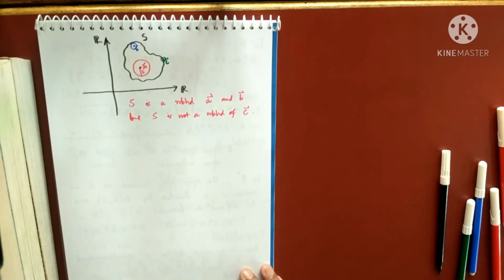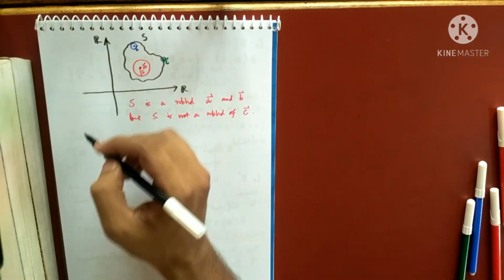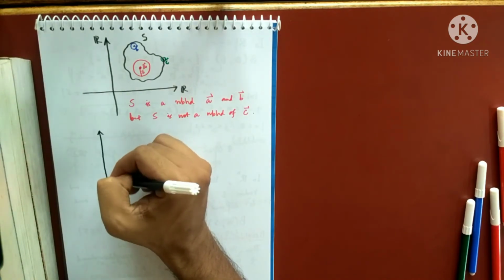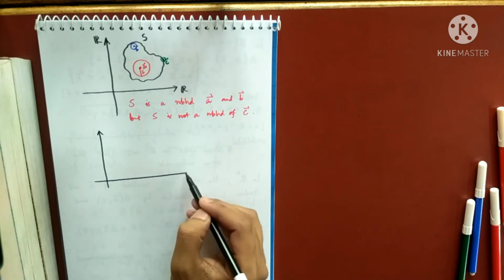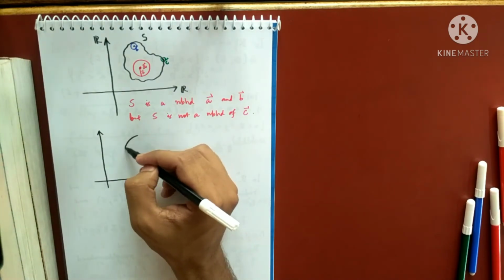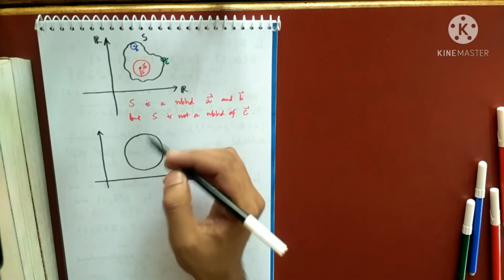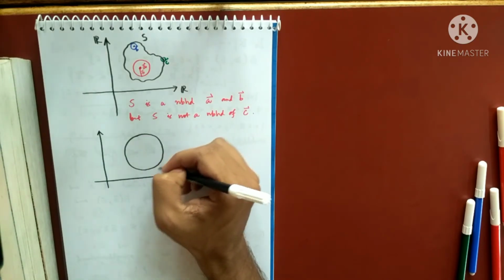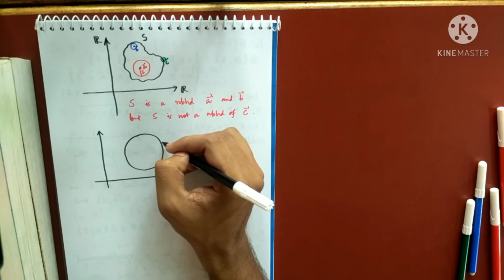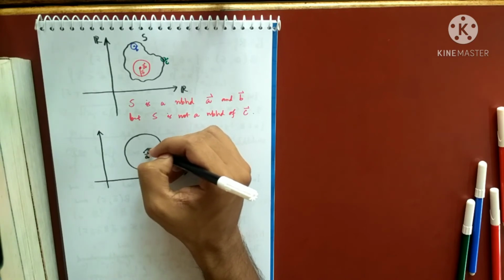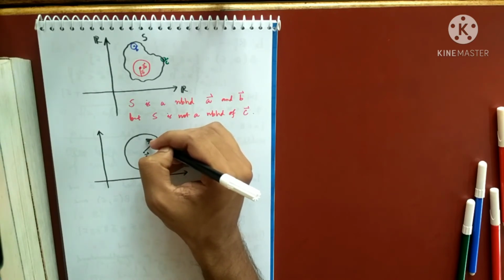Now, think about this one. Take an open ball in R2. Suppose this is the open ball I'm talking about, having some radius. I'm drawing this one, but there is no boundary. Remember that. I should have drawn it with dotted lines. Anyway, this is an open ball centered at A with some radius delta.